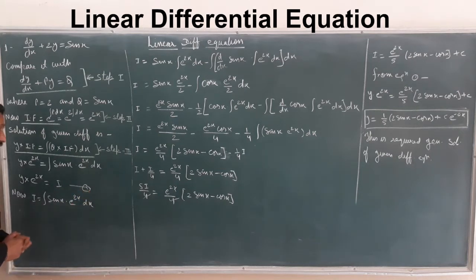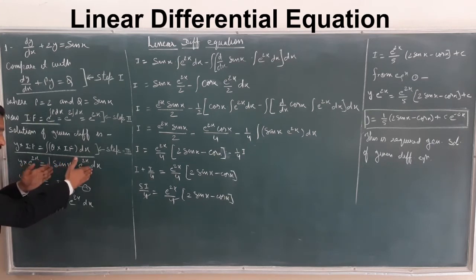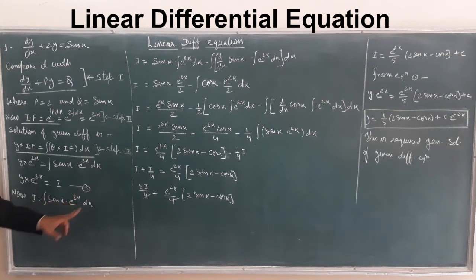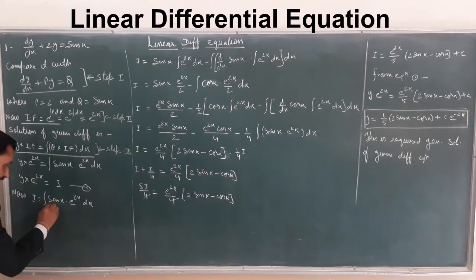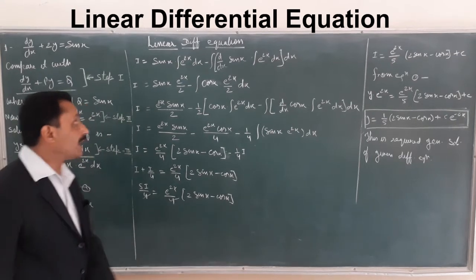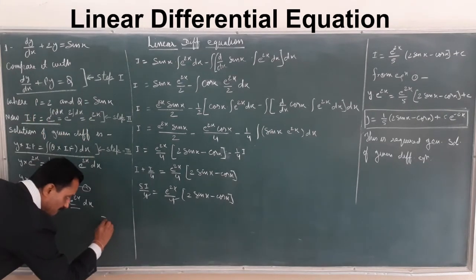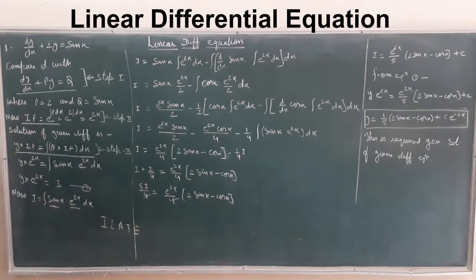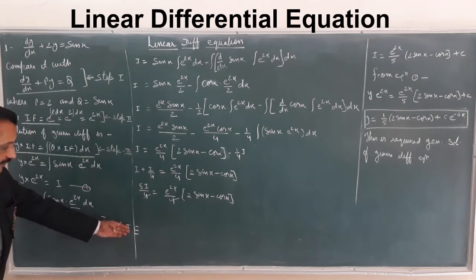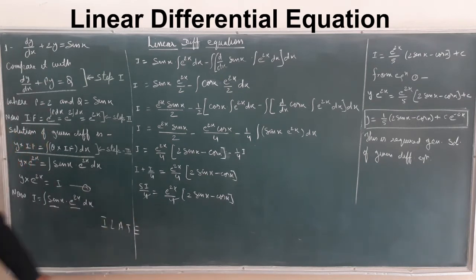Now we are solving this I. I means the integration of this particular part, so I equals the integration of sin x e to the power 2x dx. There are 2 functions, sin x and e to the power 2x. By applying the ILATE rule, which I have already stated earlier: inverse function, logarithmic function, algebraic function, trigonometric function and exponential function.